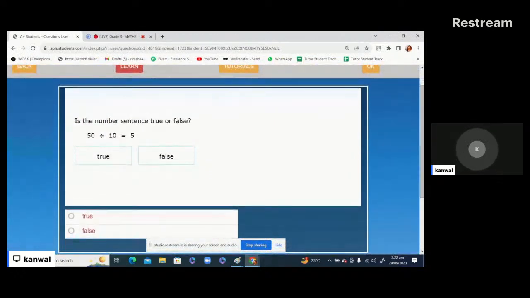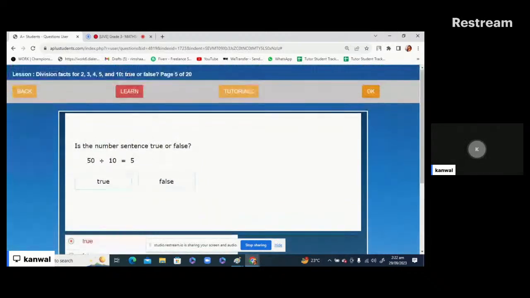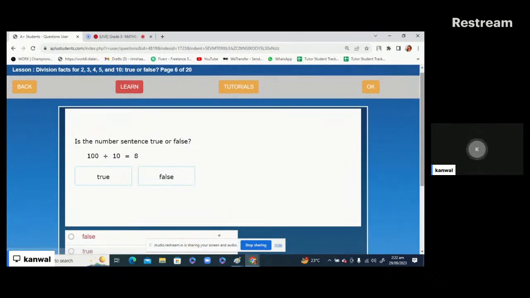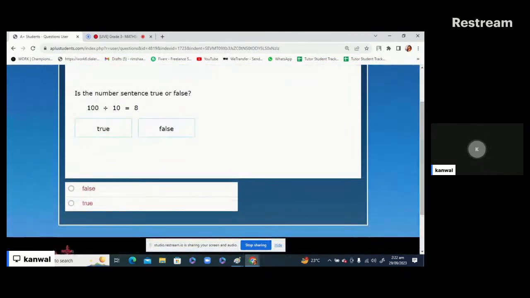Now, is the number sentence true or false? 50 divided by 10 is equal to 5. So when you divide 50 over 10, the answer is 5, and that is right. Okay, so this is also true. All right, let's do one more.